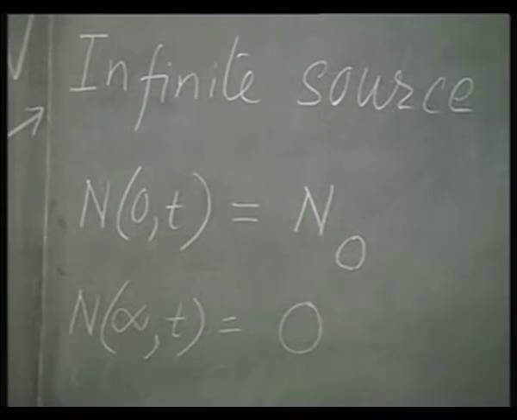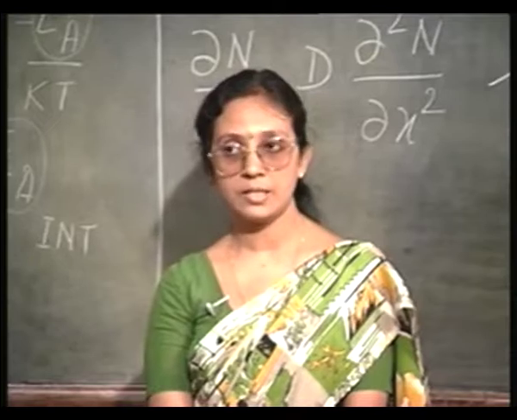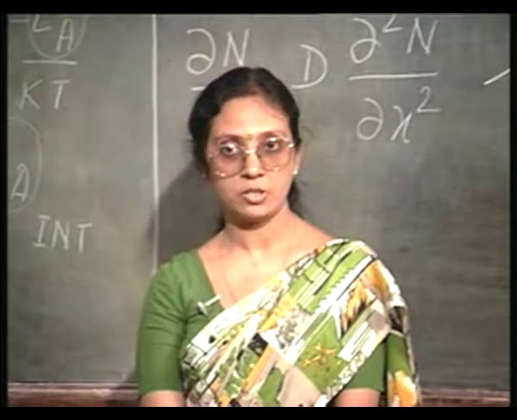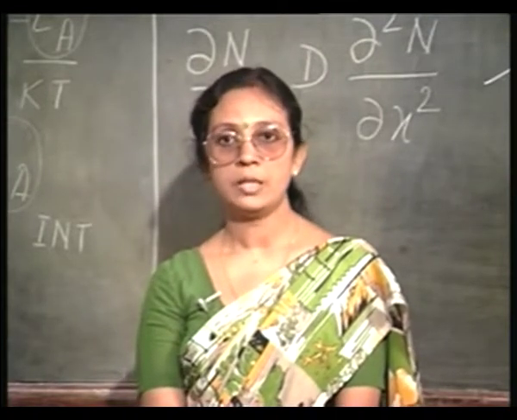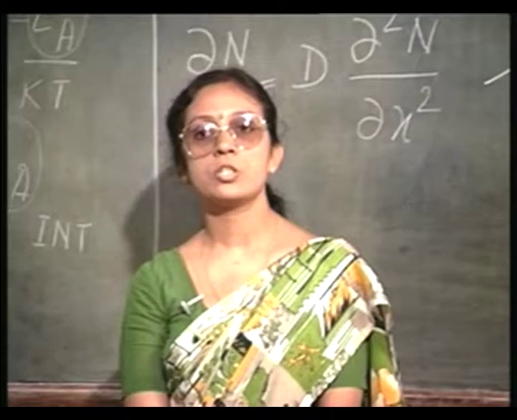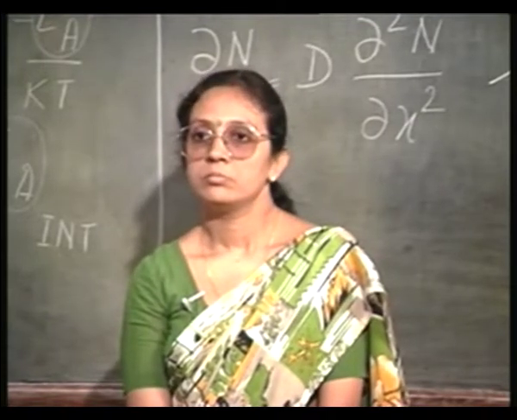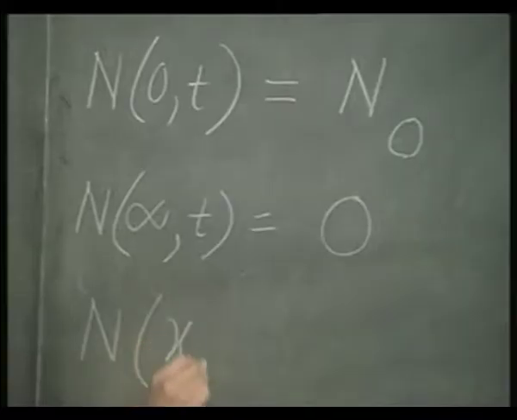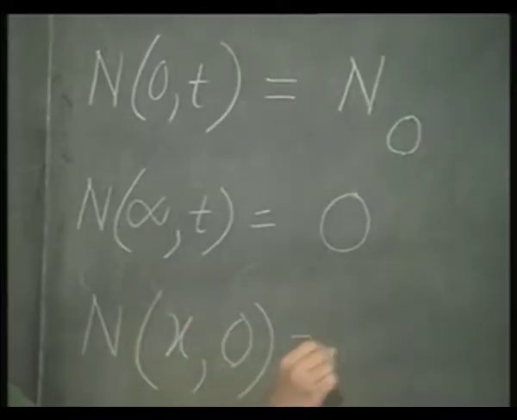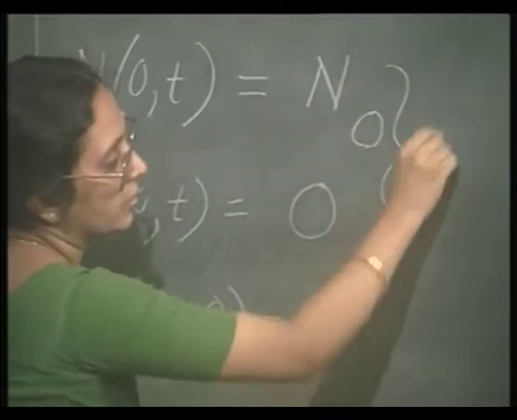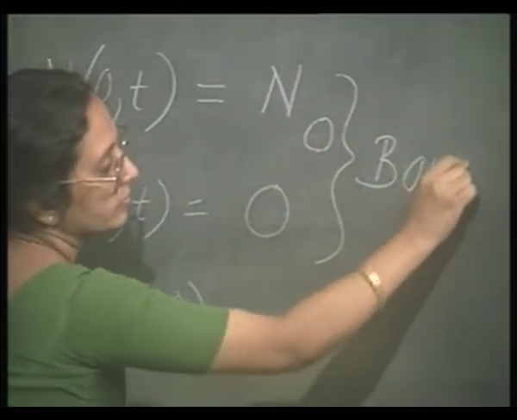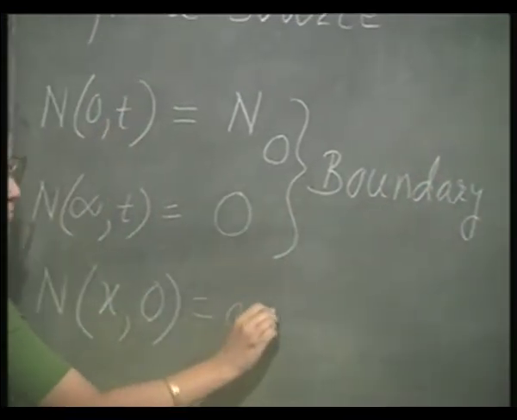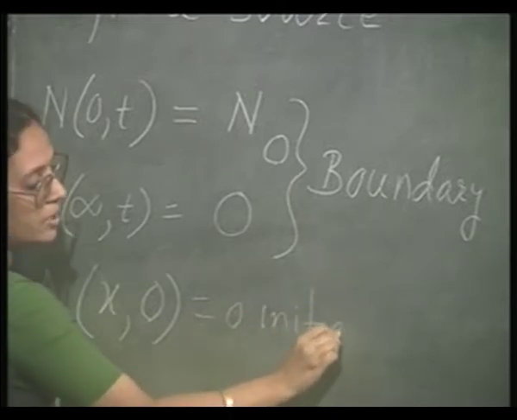And when I started the diffusion, that is when t is equal to 0, that is my initial condition, the doping concentration was also 0. These two are the boundary conditions and this is the initial condition.